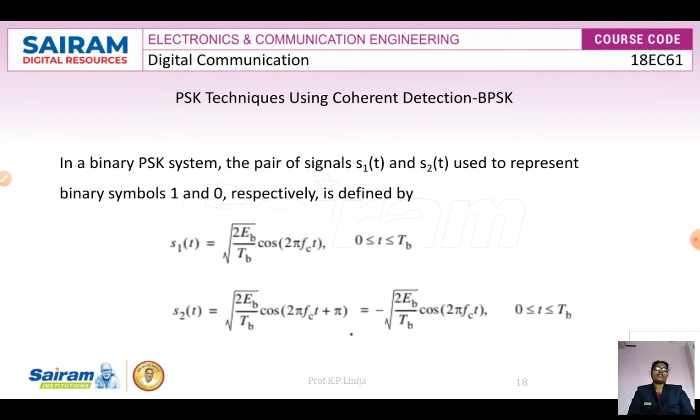These signals are under the limit 0 less than or equal to t less than or equal to capital TB.